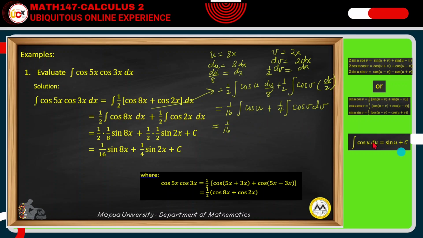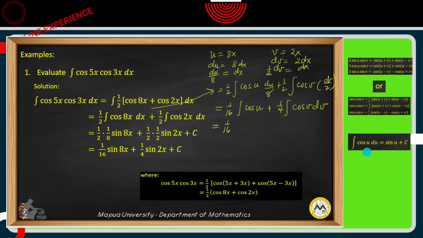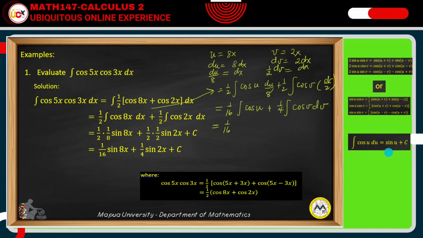Now, from the formula, we know that the integral of cosine u du is sine u plus the constant. So we can replace this by that integral formula, wherein the integral of cosine u du is sine u, plus 1 over 4 times the integral of cosine b db, which is also sine b plus the constant.